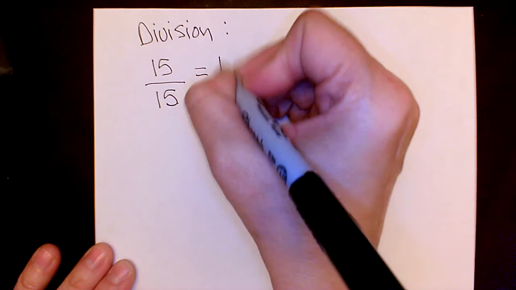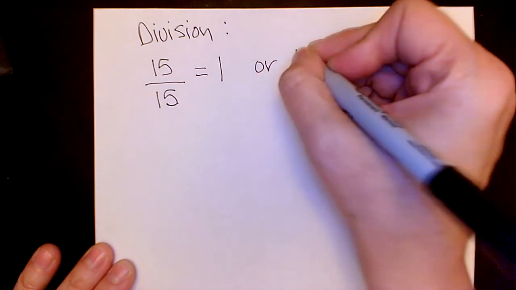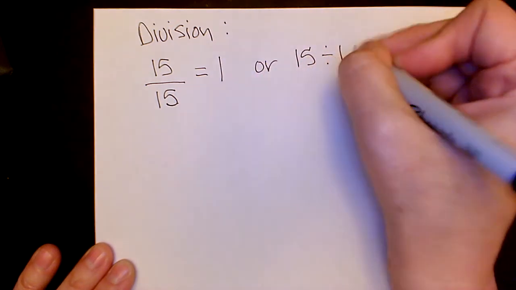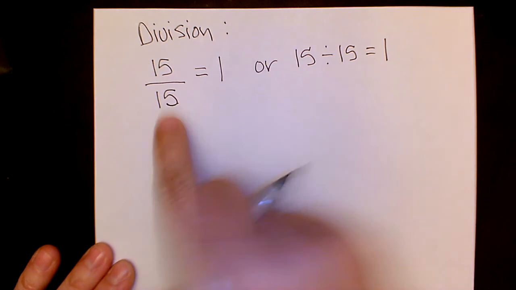How many times does 15 go into 15? Or if I took 15 and drew it out and drew 15 pieces of candy, how many groups of 15 are there? There's just one group. We can also write it like this if you prefer. I like this.